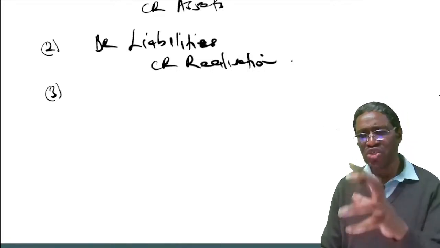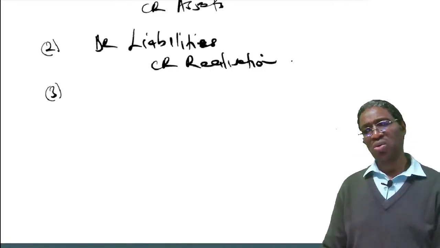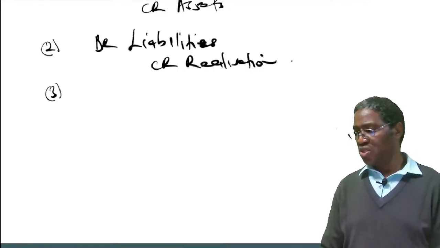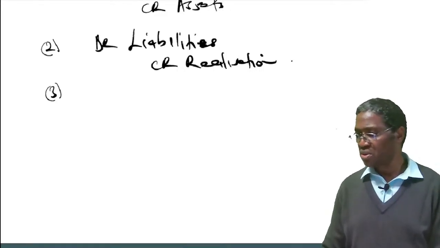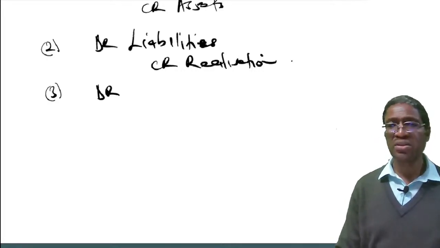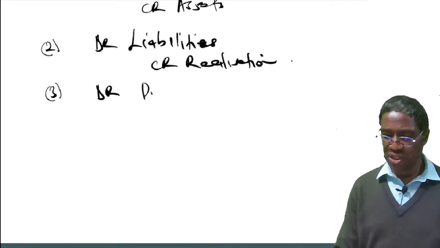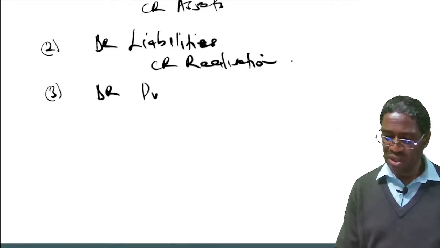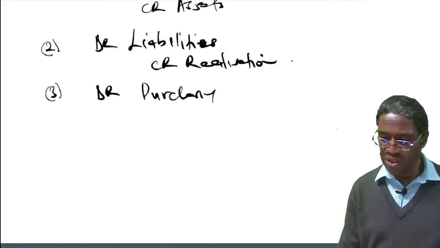Number 3. With the purchase consideration: debit purchasing company. The examiner will give you the name of the purchasing company.